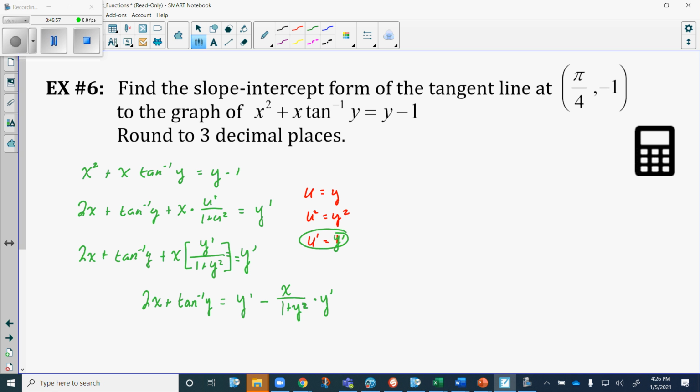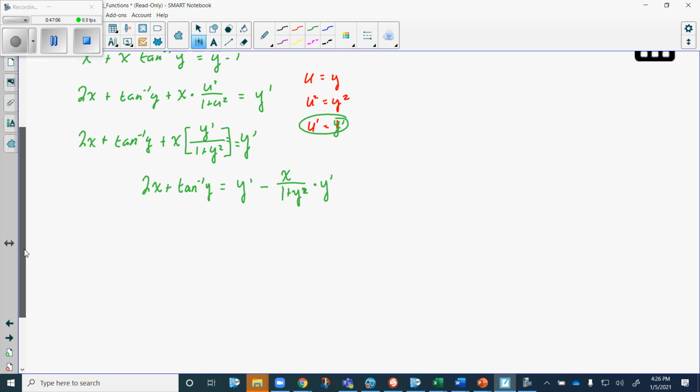We know that they're both in the numerator, but I'm doing it that way to make it a little easier to see that y prime is going to be a common factor on the right side of the equation.